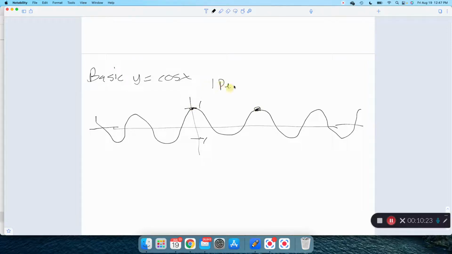Here's one period from here to here. Is 2 pi. Halfway there. What's halfway between 0 and 2 pi is pi. Halfway between 0 and pi is pi over 2. This spot is 3 pi over 2.